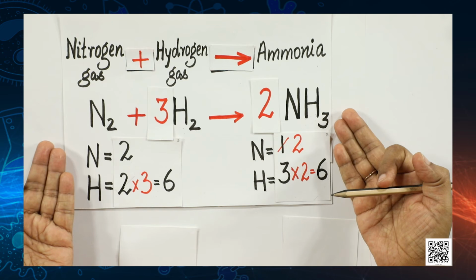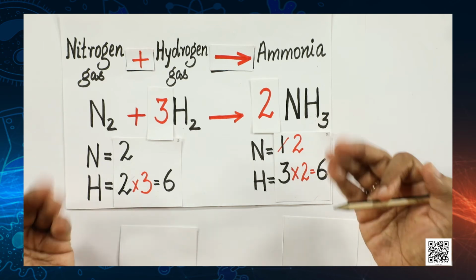You have got a balanced chemical equation of the reaction of nitrogen gas with hydrogen gas forming ammonia. Okay, so we can move ahead now and take up another equation which we will need to balance.